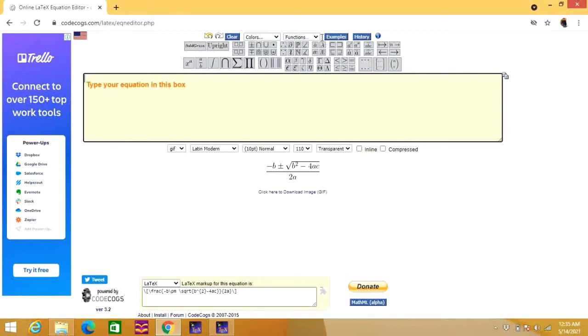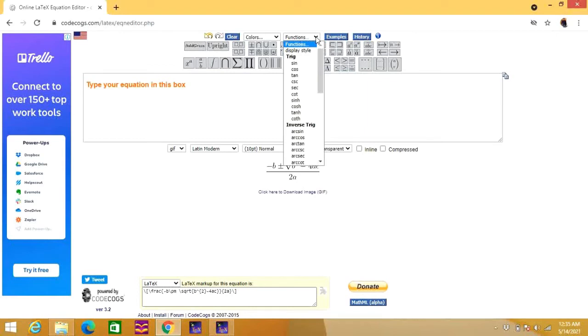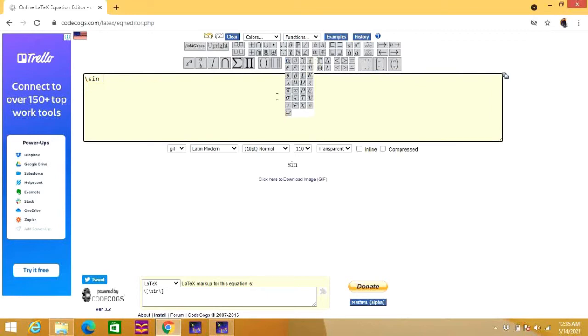You can see here one option which is function. You need to take this function sin, sin square theta.